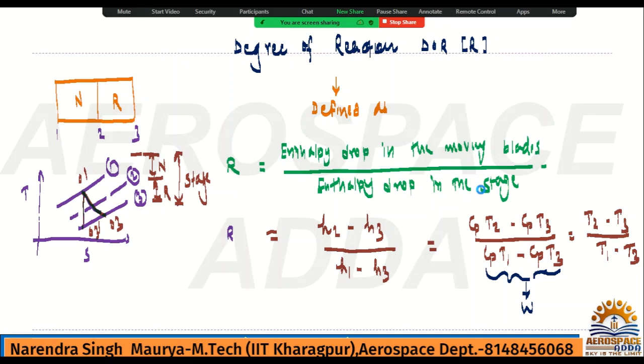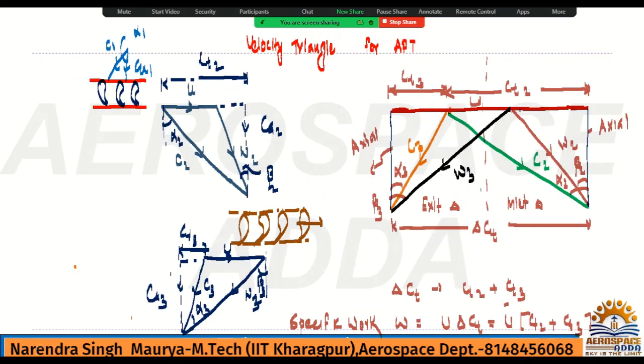Now from this velocity triangle, you can get the value of velocity. If you see here, what will be cos beta 3? From the previous triangle that I have already given, if you open the velocity triangle, you will get cos beta 3 equal to Ca divided by omega 3.